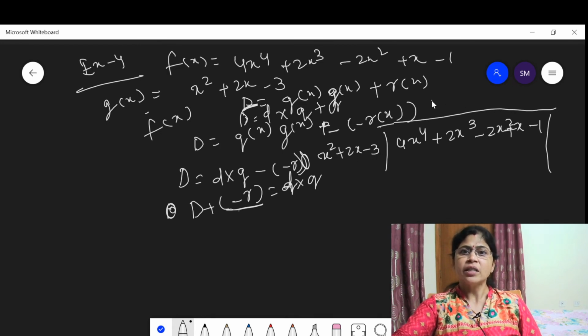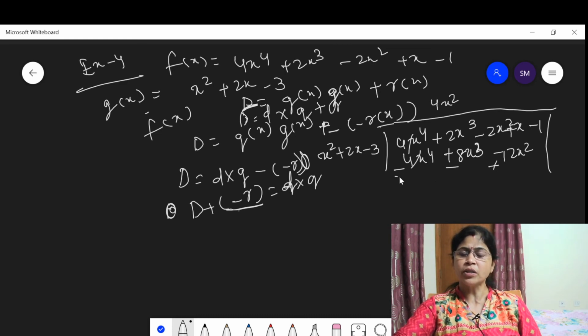Then this is 4x fourth plus 8x cube minus 12x square, minus cancel, then this is minus and this is plus. Then we get minus 6x cube plus 10x square plus x minus 1.